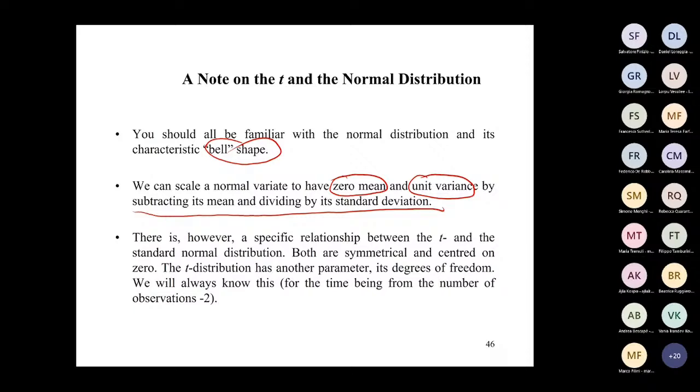In fact, we are also using the t-distribution a lot, and there is a specific relationship between the t and the normal. The t and the normal are both symmetric and they are centered around 0, but the t-distribution has another parameter, which is the degrees of freedom.